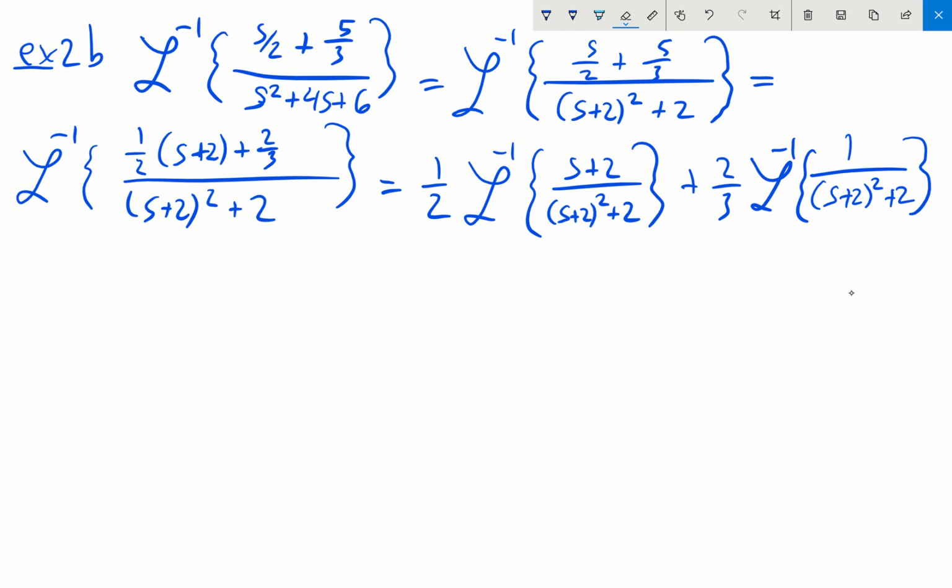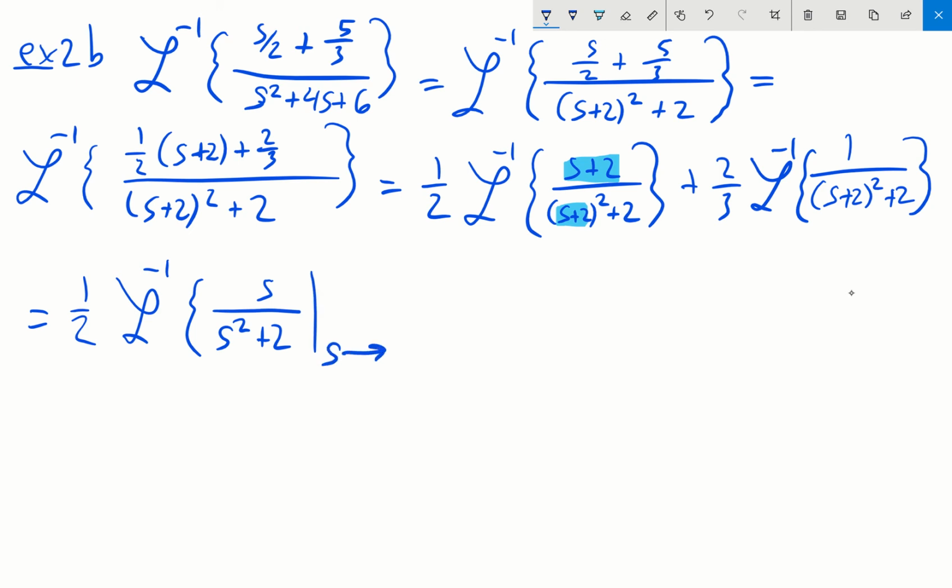If we look at this first one, essentially what's going on here is we have the translation. So we have an s plus 2 and an s plus 2. The form of this first one really looks like 1/2 the inverse Laplace of s over s squared plus 2, but where our s was replaced with s plus 2.